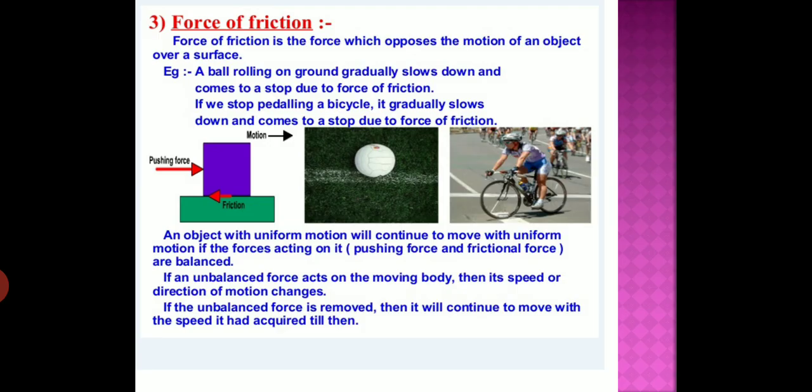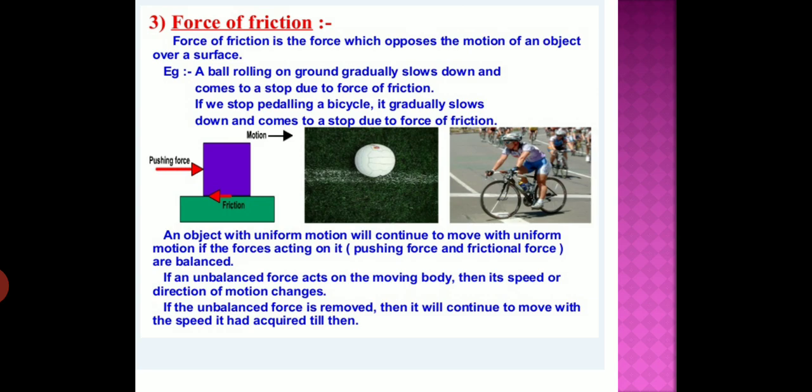Now students, force of friction. Force of friction is the force which opposes the motion of an object over a surface. For example, a ball rolling on the ground gradually slows down and comes to a stop due to the force of friction.